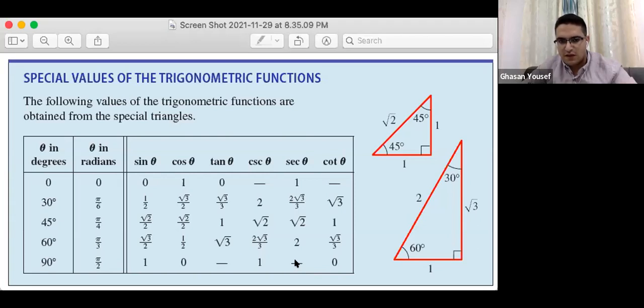Okay, the dash here means undefined, it does not have a value. This means the cosecant for the angle 0 does not have a value. So you can say undefined or does not have a value. You're welcome. Any other question?